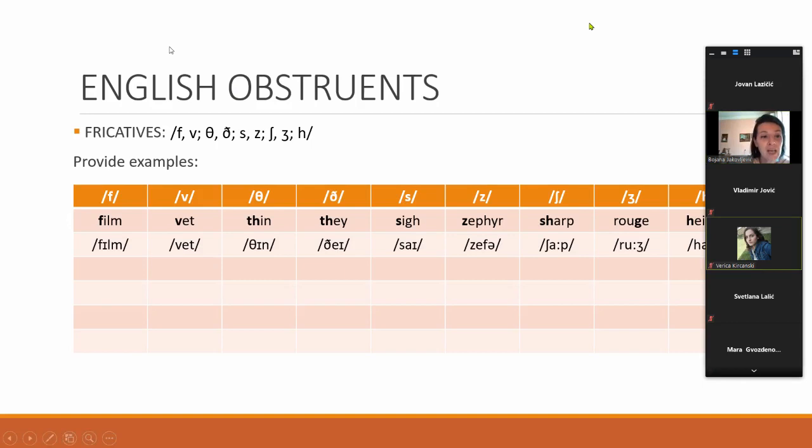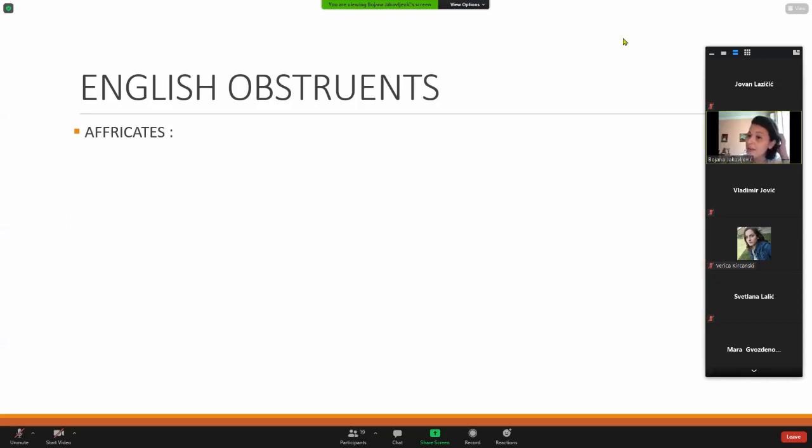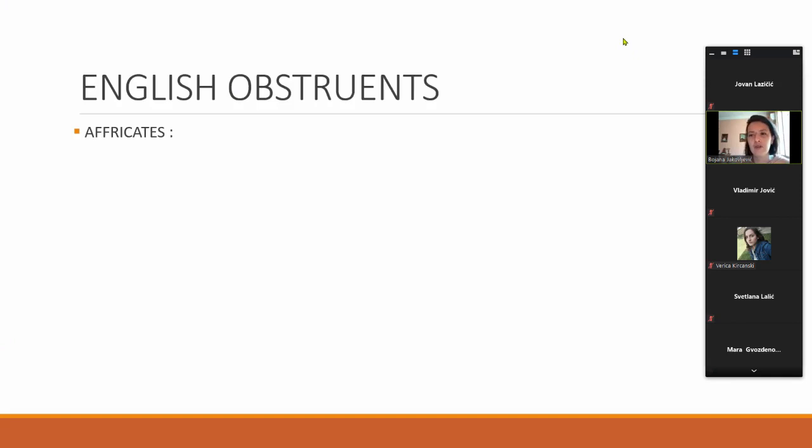Okay. And then we have another group of sounds which are called affricates. And very often they say, well, when you produce plosives, there is a contact. When you produce fricatives, there is just narrowing and the air goes through this passage and produces friction.